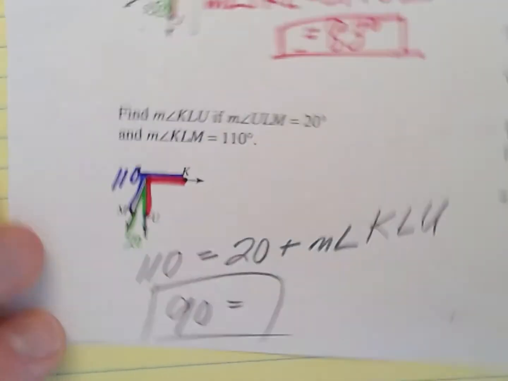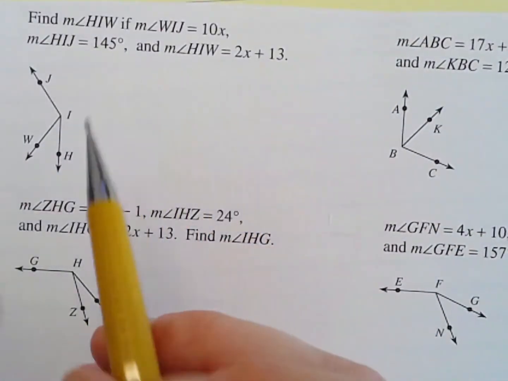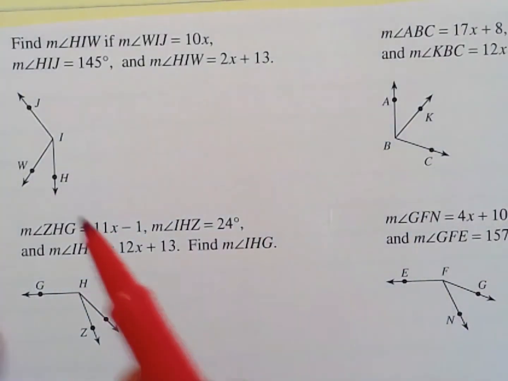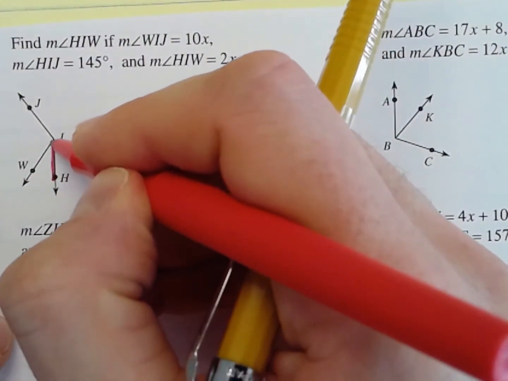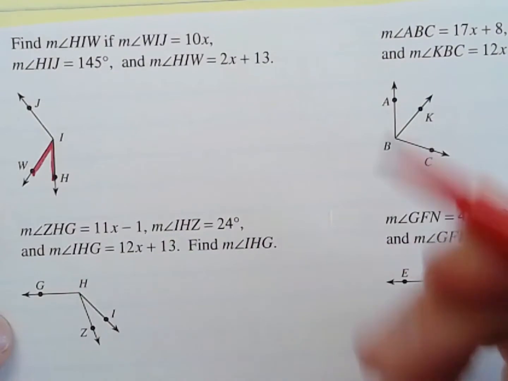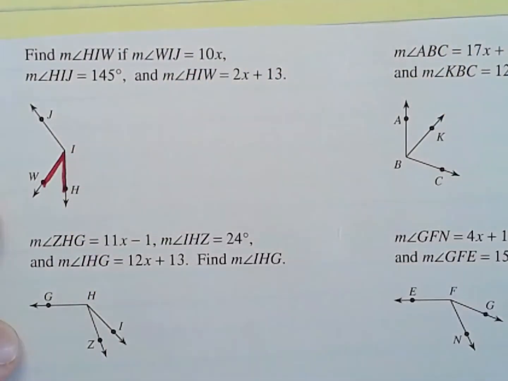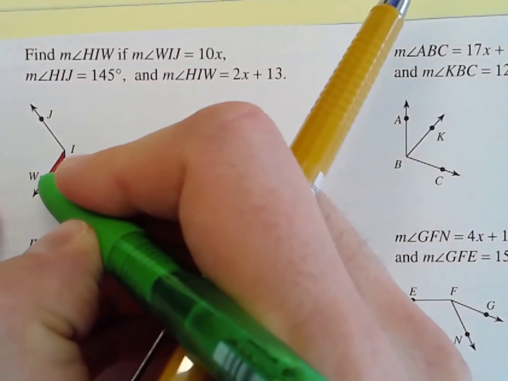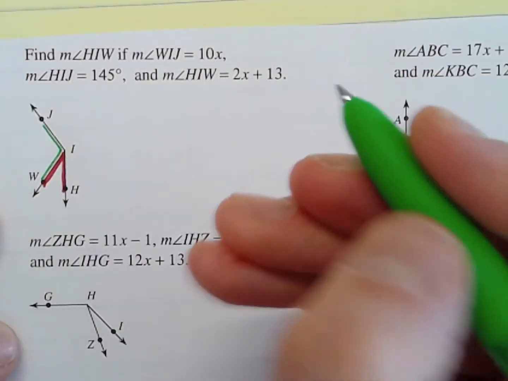Okay. A couple more complicated examples with variables involved. So find HIW. I want to find HIW right there. Find HIW if WIJ right here is 10x.